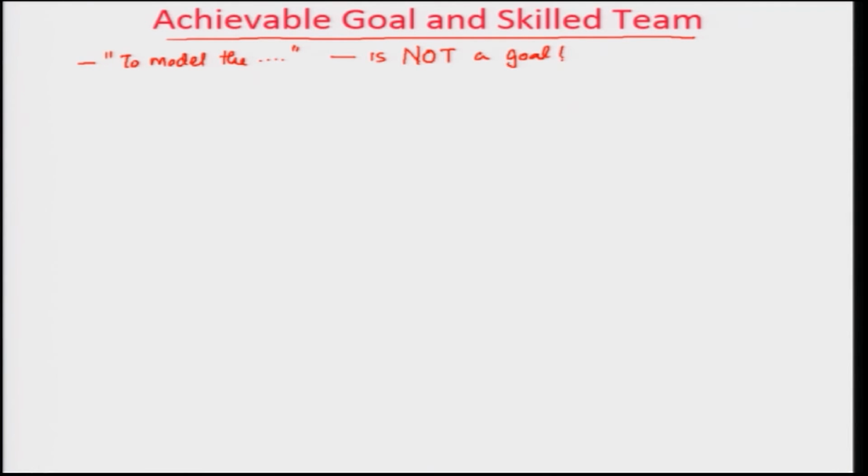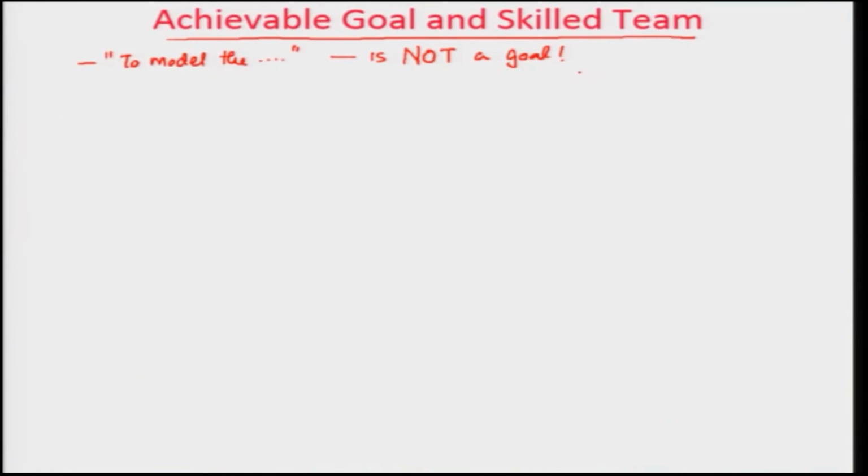In business studies, the simulation studies related to business, to model the system is not a goal. This is something that you should remember. You are not trying to model this. So then the question is, what is the goal?